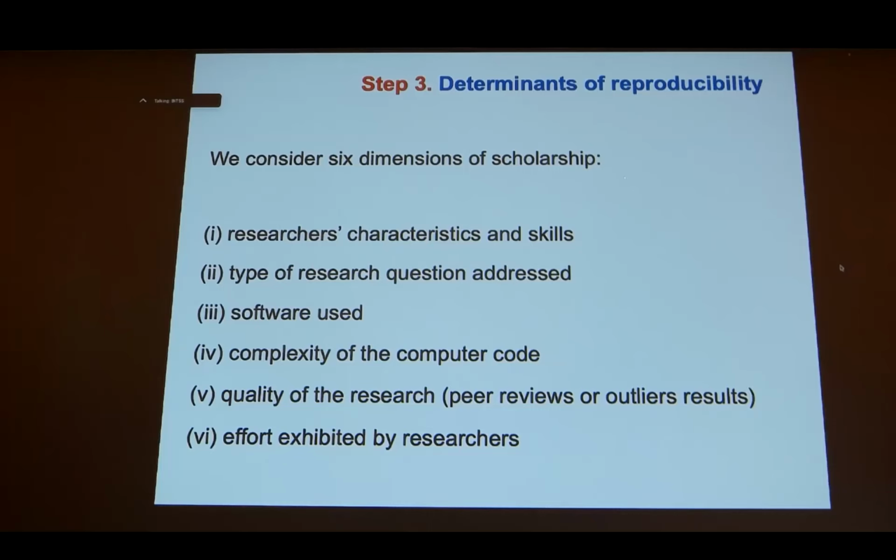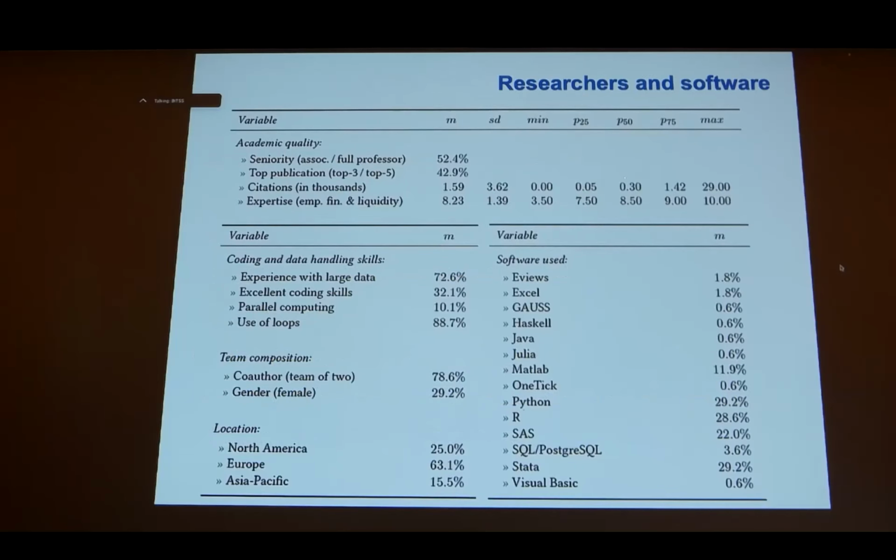We went through the computer code and analyzed it, and the quality of the research. We have 20 senior reviewers in this experiment, and each paper has been assessed twice. I also have another proxy for the quality of the answers, and some proxy for the effort exhibited by the researchers themselves. So a lot of information. For academic quality, we know the seniority.